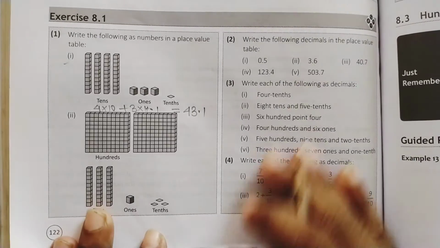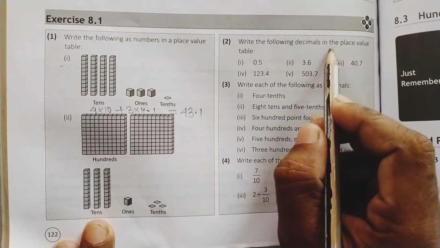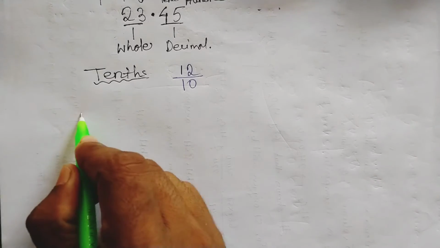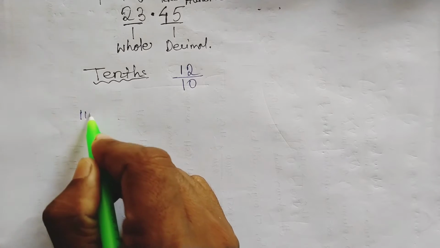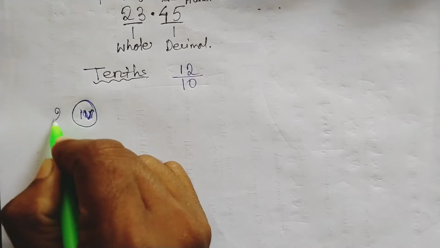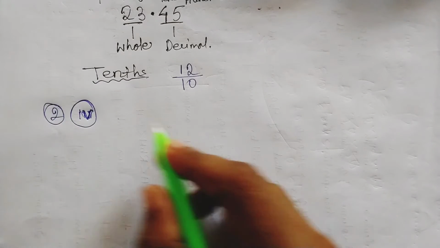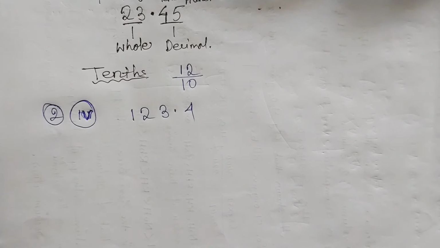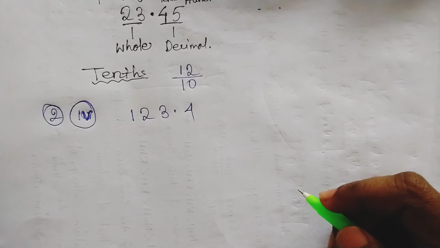Now try to solve question number 2. Write the following decimal in the place value table. Here is the given number, 123.4. You have to write it in a place value table.